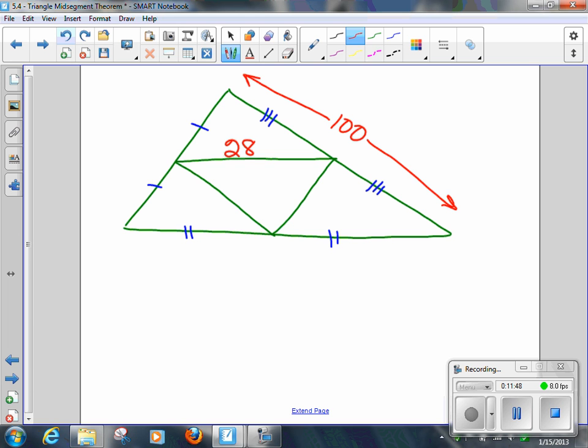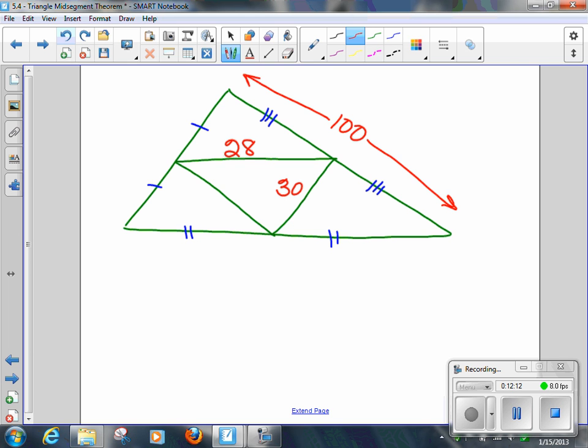And we're going to say that this one right here is 30. And we got to fill in everything.